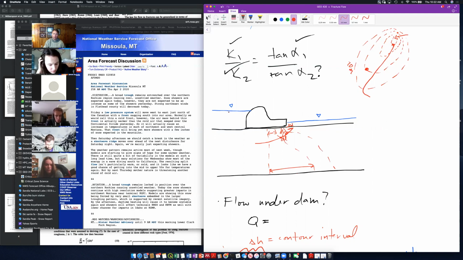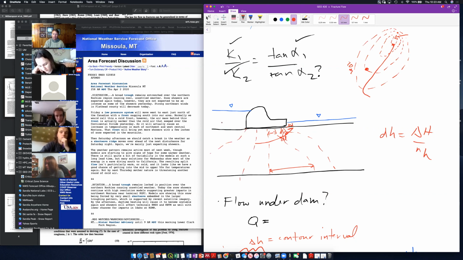Isn't DH the total head drop divided by the number of contours? That gives me the contour interval. So you know what the value of head is at each one of these contour intervals.